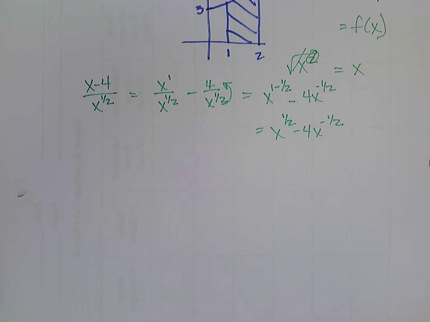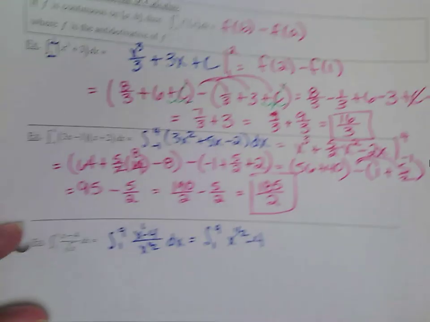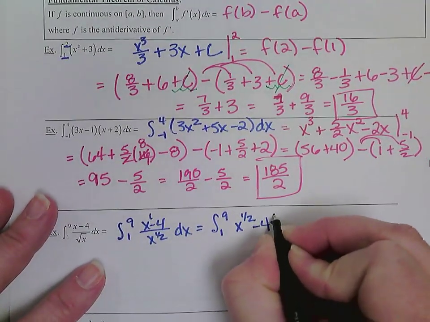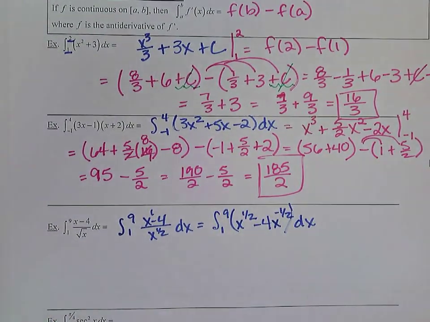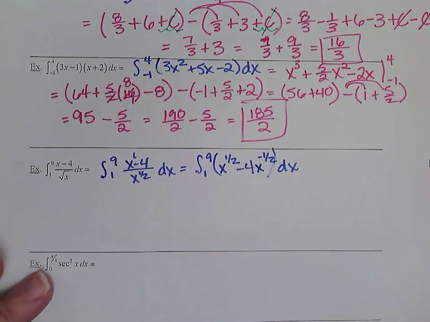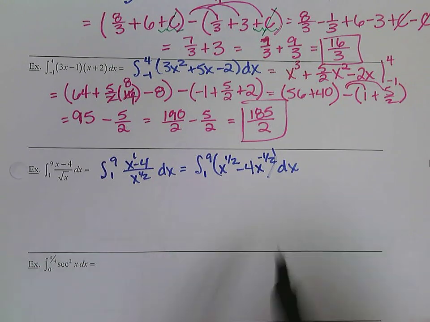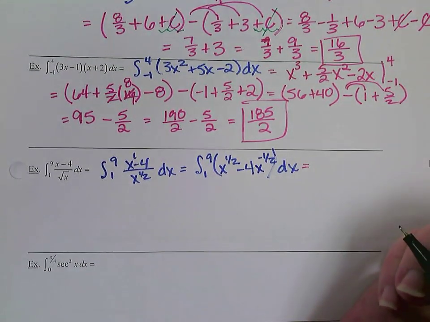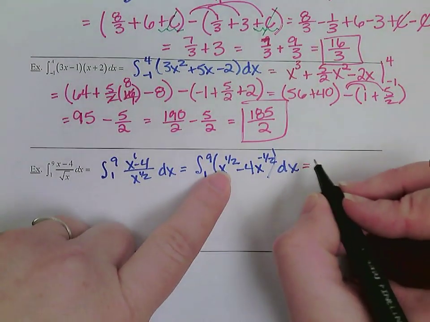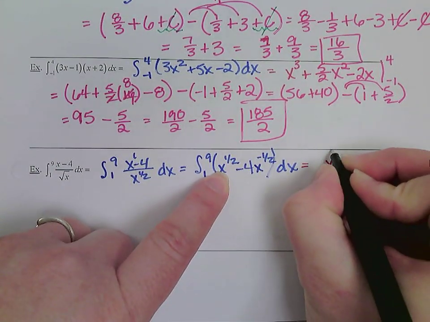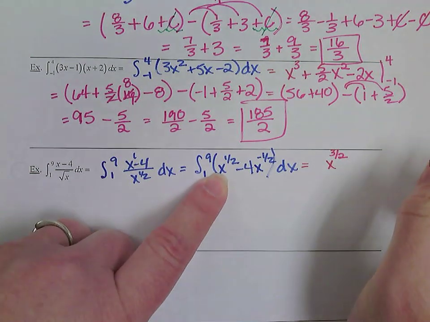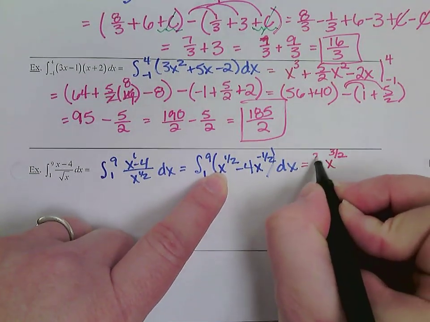Go ahead and bring it in. Okay, so x to the negative 1/2 dx. Now we have it set up as something that we can integrate. So the antiderivative of x to the 1/2 would be x to the 3/2 divided by 3/2 or times 2/3.